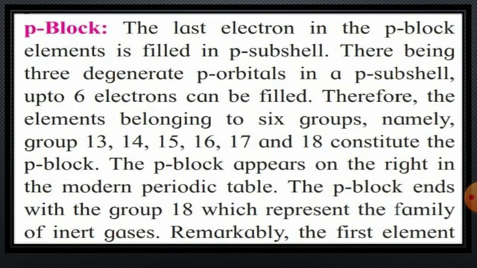The elements belonging to these 6 groups are group 13, 14, 15, 16, 17 and 18. These groups constitute the P block elements. And where are they present? They are present on the extreme right hand side in the modern periodic table.